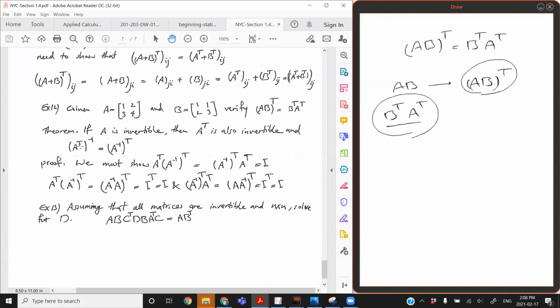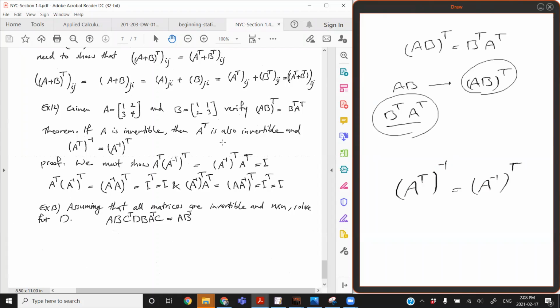Okay. Theorem. If A is invertible, then A transpose is also invertible. And the inverse of A transpose is simply the transpose of A inverse.